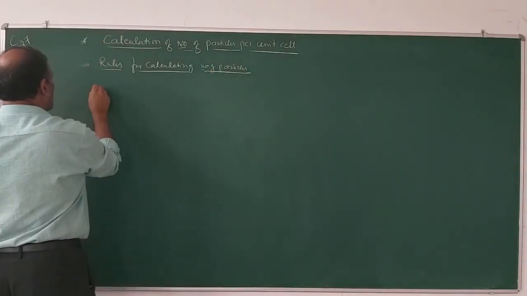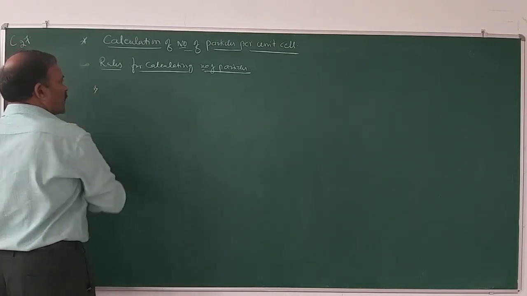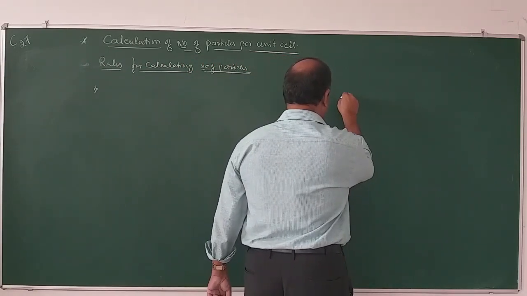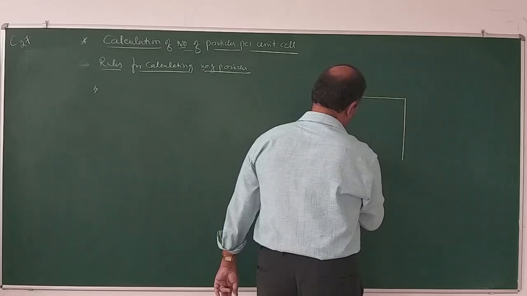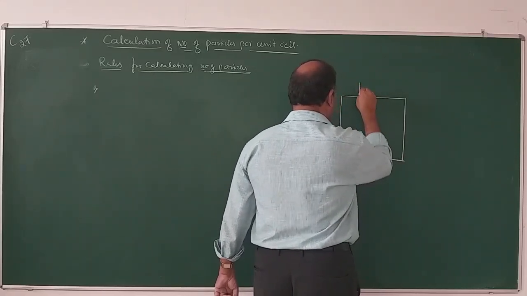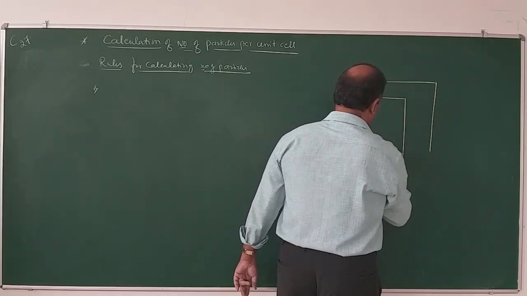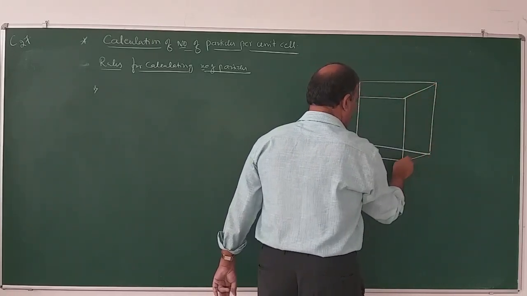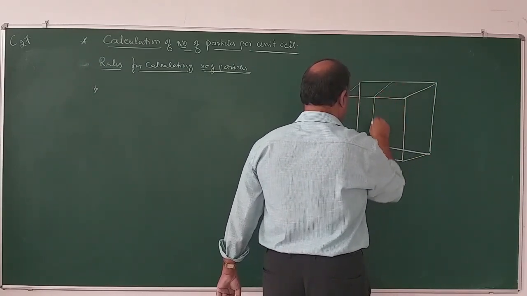The first rule, number 1, each corner particle. Say for example, I will write you the portion of space lattice.